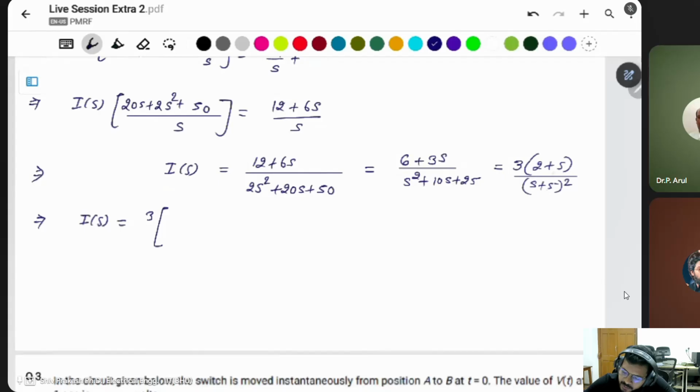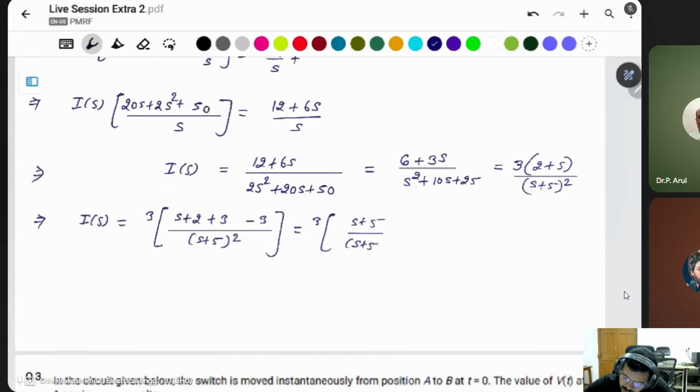This is S plus 5. You simply add plus 3 and minus 3 to make the S plus 5. This will be S plus 5 divided by S plus 5 whole square minus of 3.